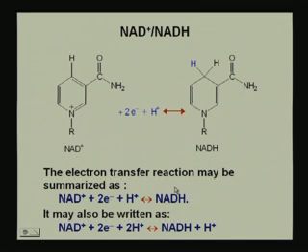Now, you have to recognize here that these cofactors or prosthetic groups, NAD plus, and FMN and FAD as well, are going to be required in enzymatic reactions of what type?